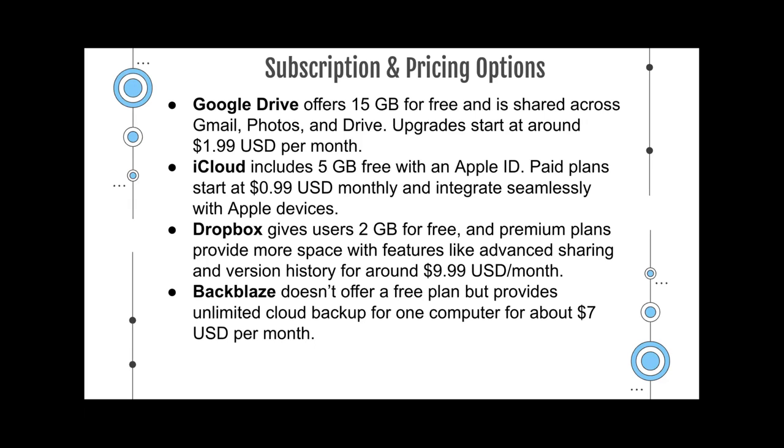That's something a lot of people like about iCloud because everything's not separate. It's always very integrated. People call it the Apple ecosystem. And then Dropbox gives users 2 gigabytes for free, and premium plans provide more space with features like advanced sharing and version history, at around $9.99 US per month.